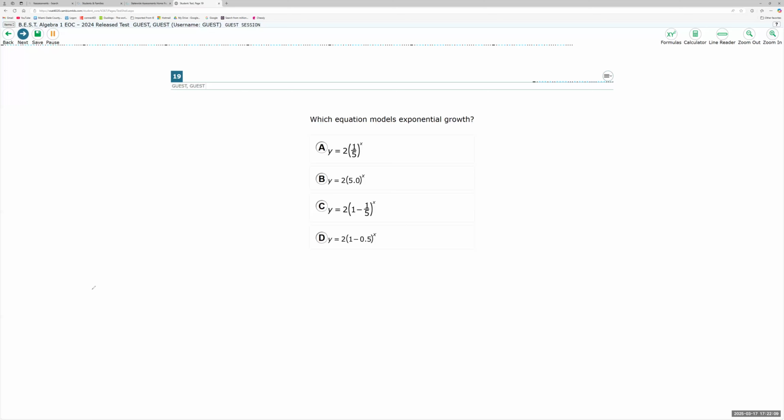All right, exponential growth. We see here that all the equations have an exponent, x, and those are exponential functions. So there have to be 3 that are decay and 1 that is growth.